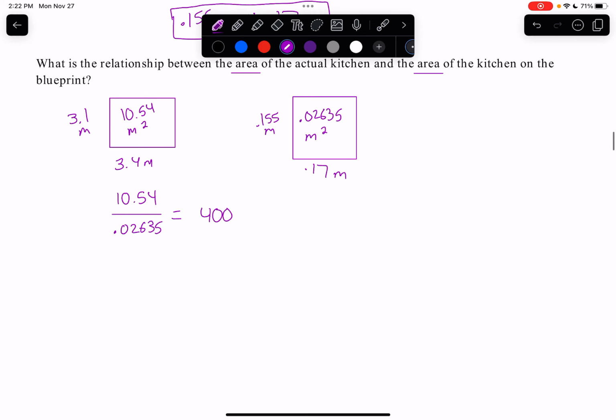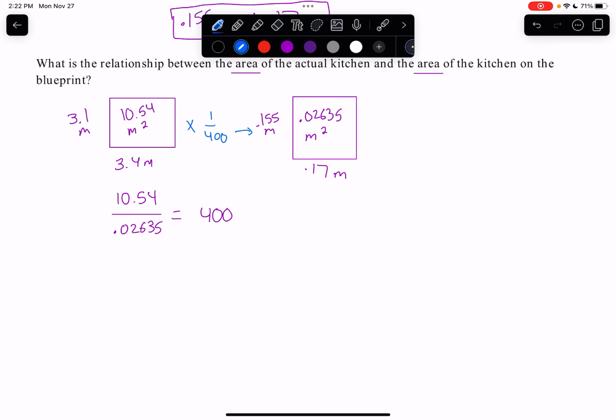So that means the area is 400 times bigger on the original kitchen, or 1/400th on the blueprint. So if I took my original kitchen, multiplied by 1/400th, that would give me the area of the new kitchen.